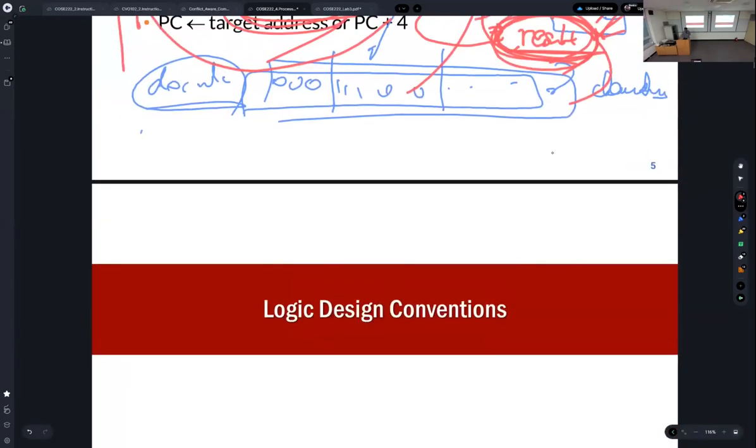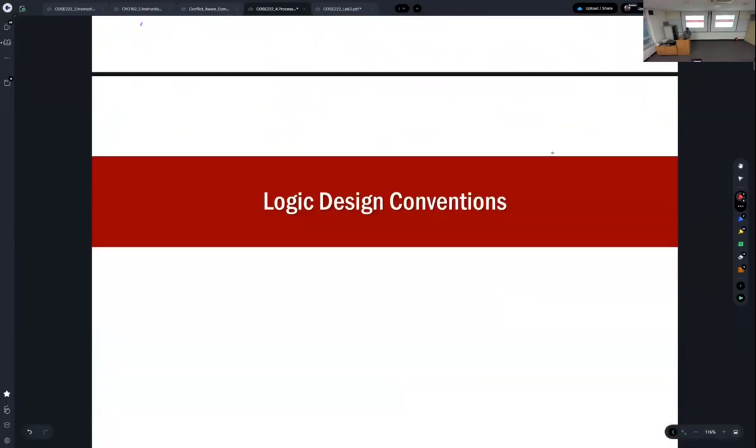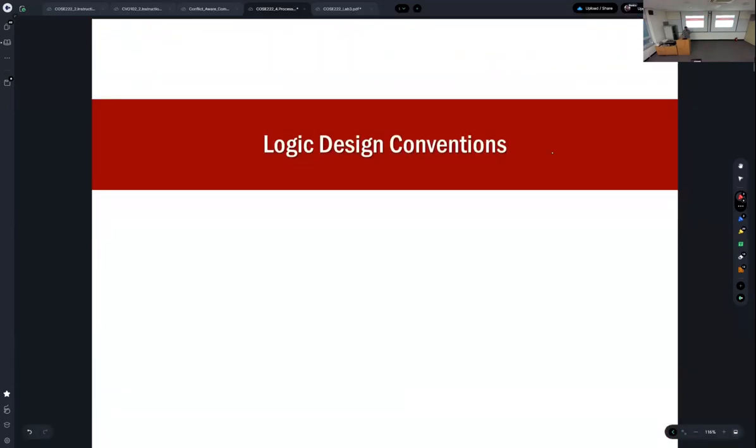Okay, so then we will learn about the hardware architecture and hardware design of processors. Before going into the processor architecture or microarchitecture design, we will just review the logic design conventions.